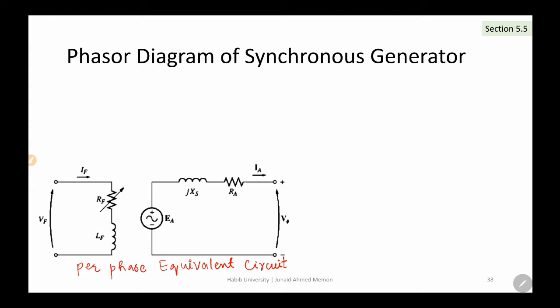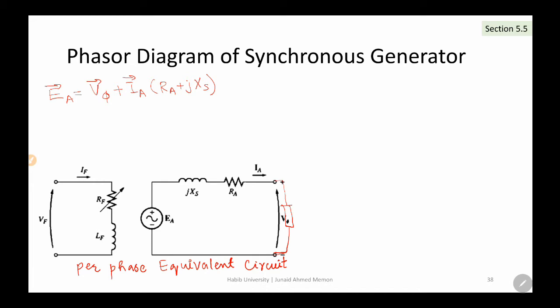If we connect a load over here, the equivalent per phase load seen by a single phase winding, then we can easily write the KVL equation: the internal generated voltage EA will be equal to V phase plus IA times (RA plus jXS).